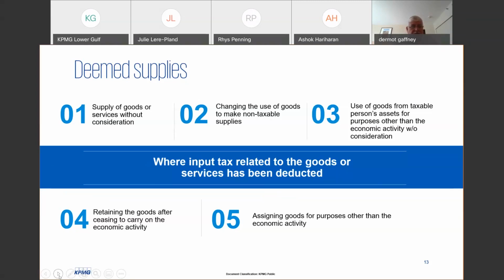The most common example of a deemed supply is a supply of goods or services without consideration. And again, there are specific rules around free gifts that may be given away as part of business promotion, and indeed trade samples, etc. Changing the use of goods from a taxable purpose to a non-taxable purpose is a deemed supply.